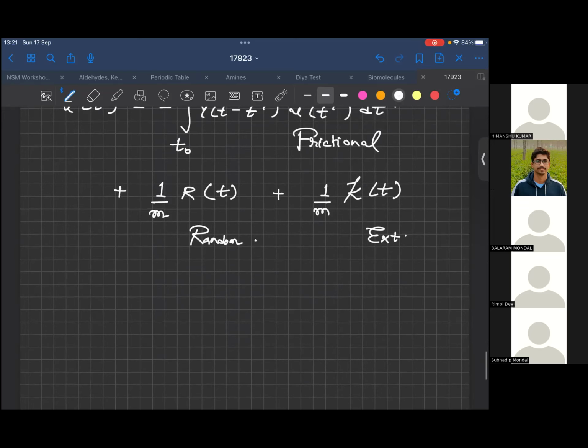This gamma(t), the frictional force, represents the retarded effect of the frictional force. And we assume that the average random force is going to be 0.